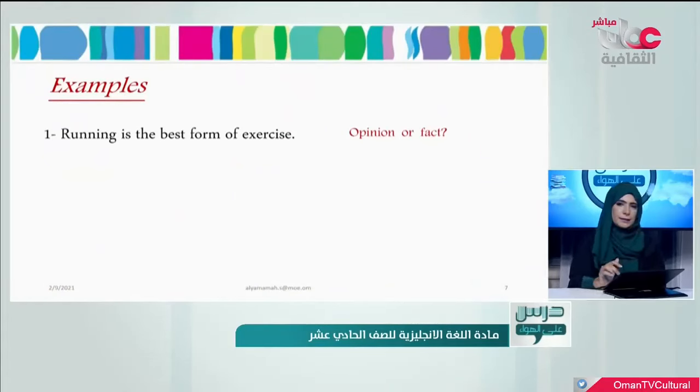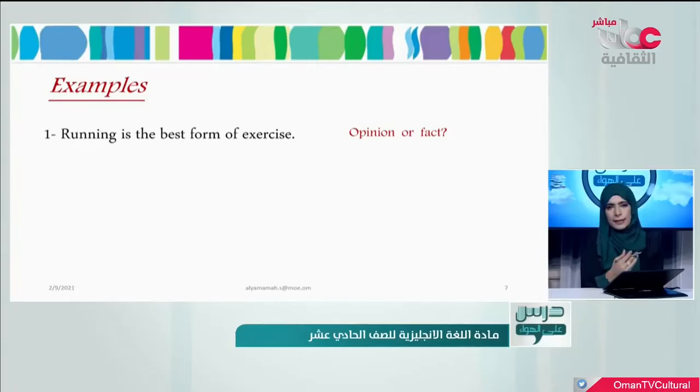Look at the sentences that we have here. We have: running is the best form of exercise. What do you think? Is it an opinion or fact? Running is the best form of exercise. It seems to be someone's expression or someone's view about running. Someone else will say that playing volleyball is the best form of exercise.